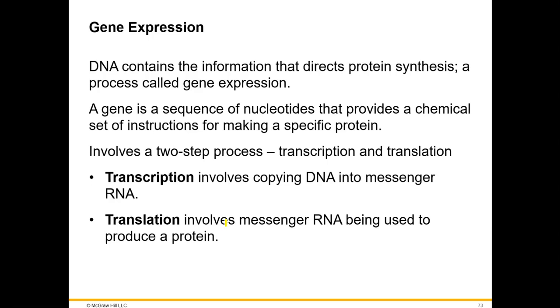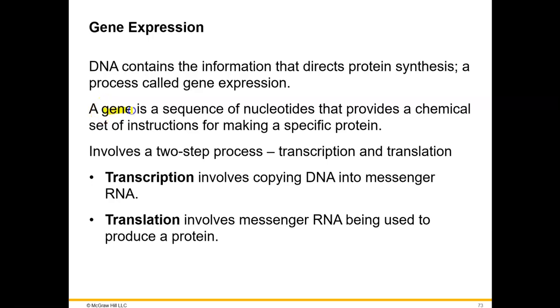So a little bit about DNA. All of our DNA is divided up into genes. The DNA that we have is found in our 23 pairs of chromosomes, and each chromosome contains a certain number of genes. Well, a gene is a piece of DNA.